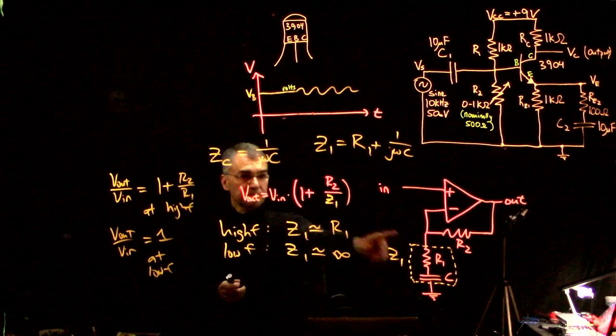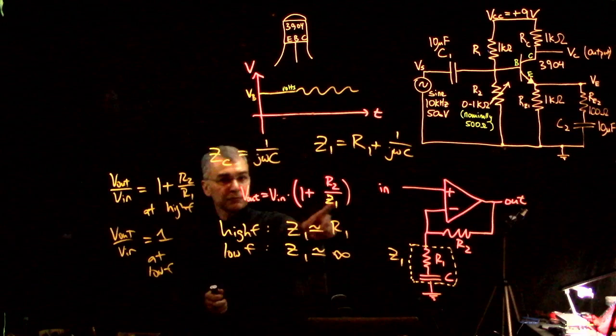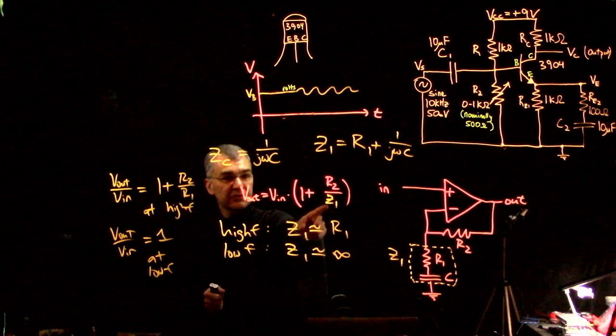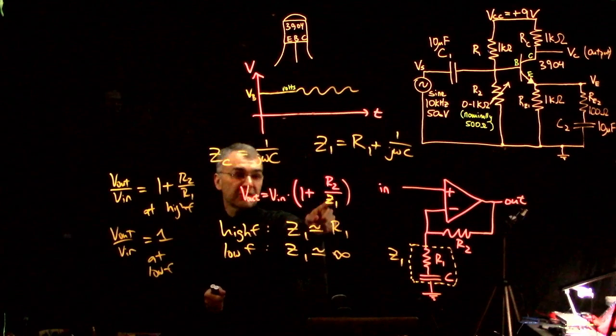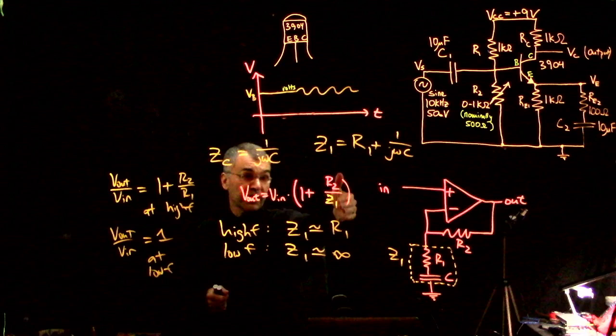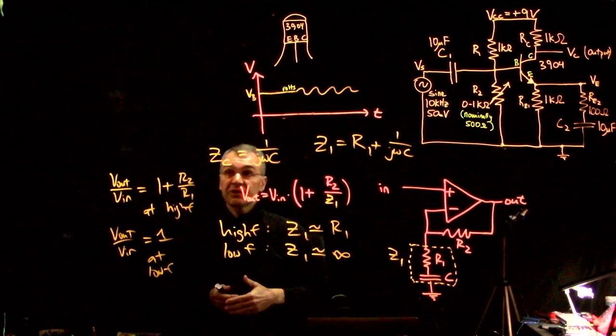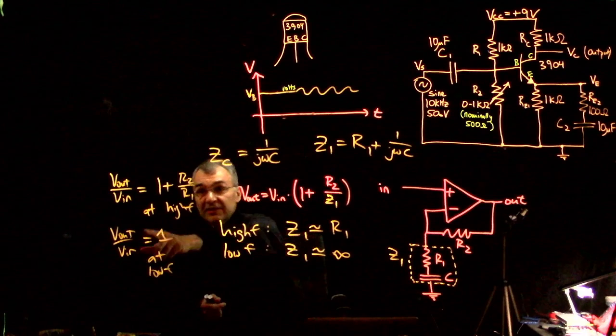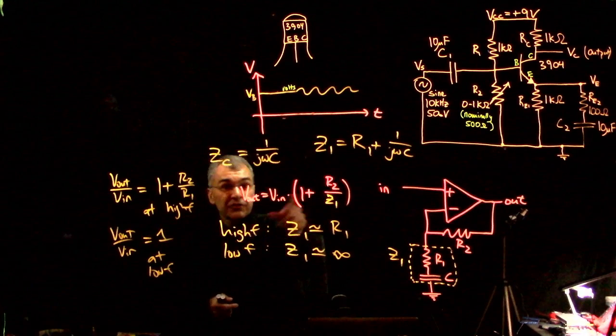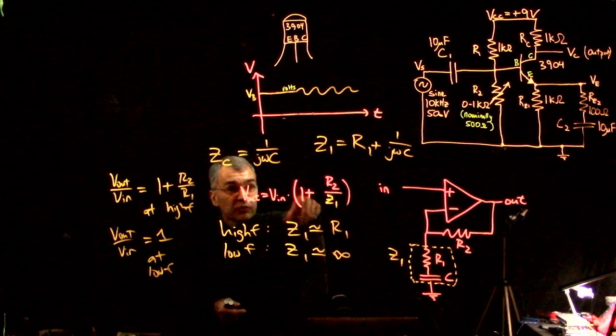Because at low frequency, Z1 is a big number, so you get a big number in the denominator, which means this second term is tiny, so V out is V in times 1 plus a tiny correction. At high frequency, instead, it's just V out is V in times 1 plus R2 over R1.